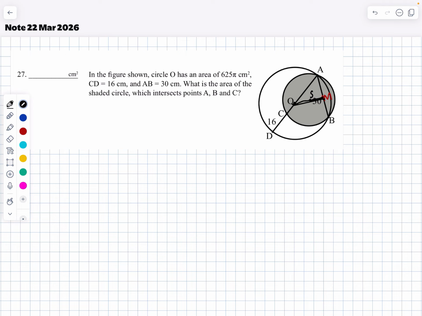If we say O is the origin of the graph grid and OM is the x-axis, we can draw it like this.